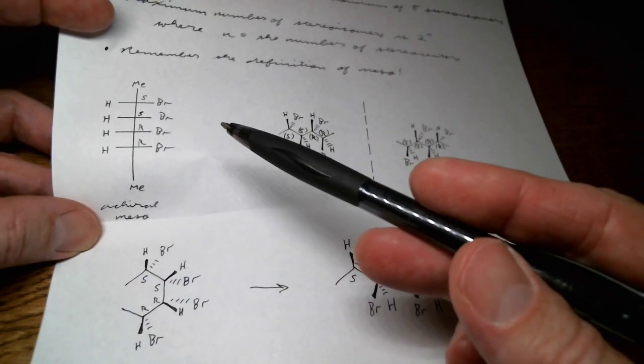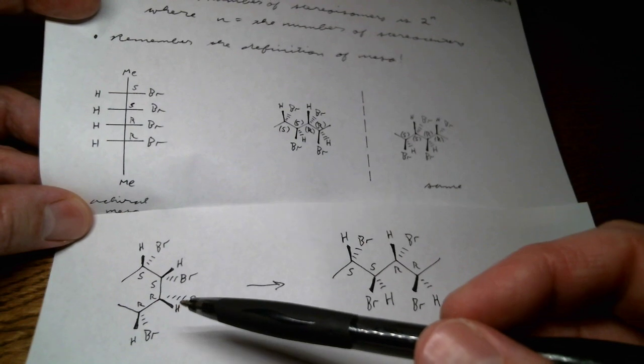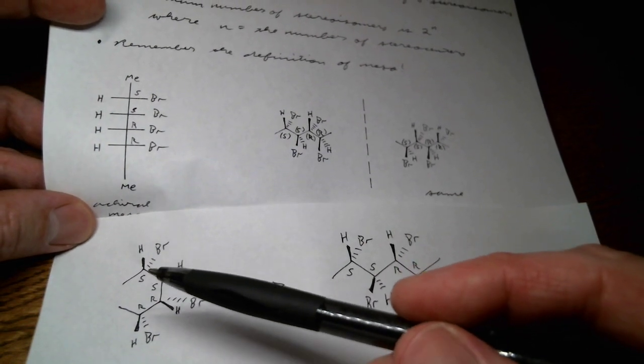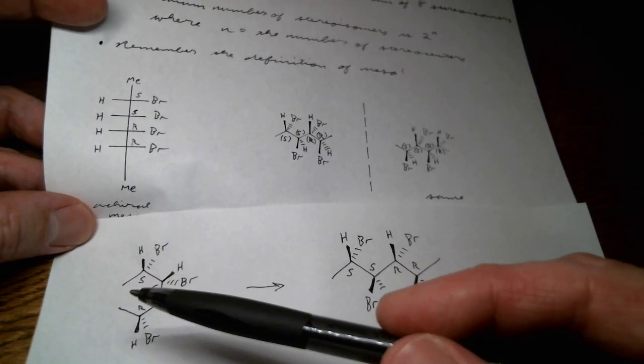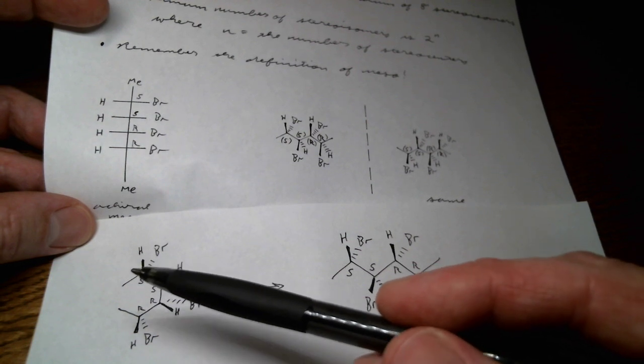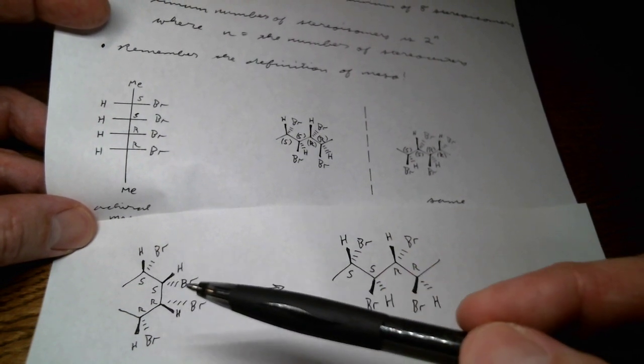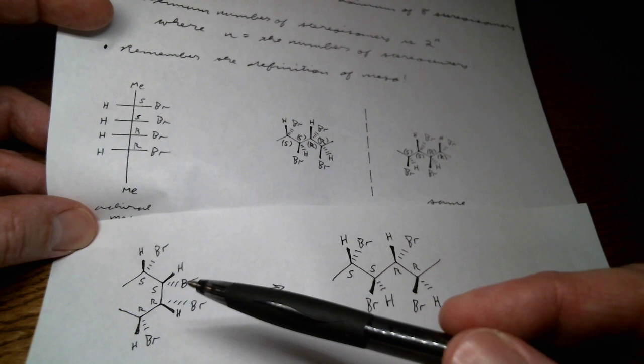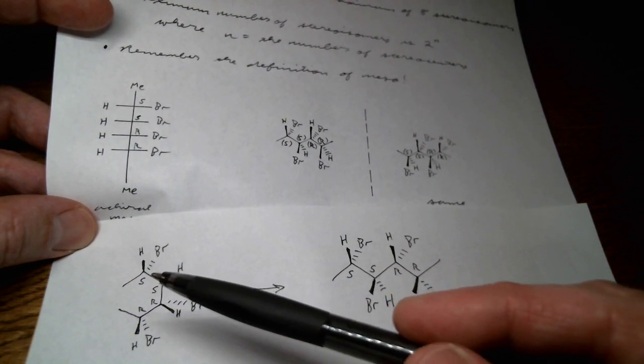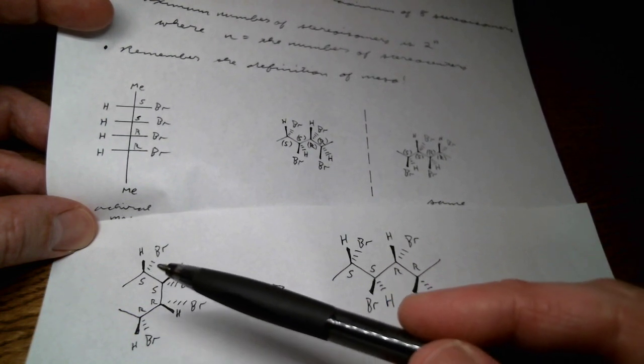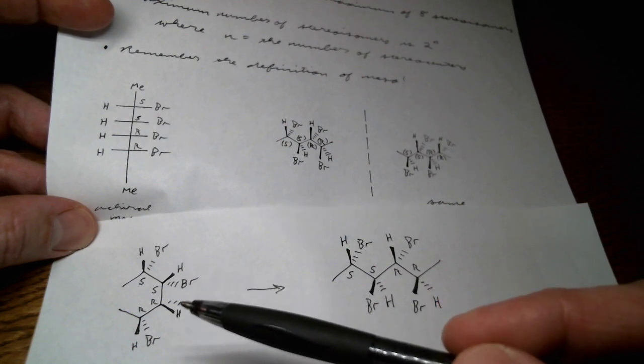So I just turn this Fischer projection to the right, and again you can assign stereocenters, priority 1, 2, 3. It looks like R, but it's really S because our lowest priority hydrogen substitution is pointing up. Same thing here, priority 1, 2, 3. It looks like R, but it's S because our hydrogen is pointing up.